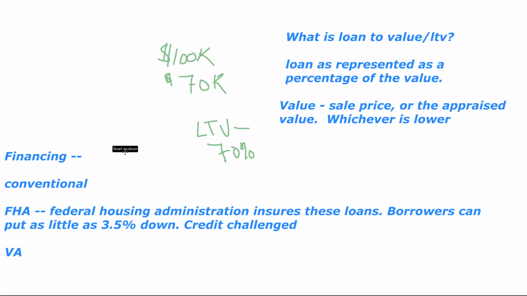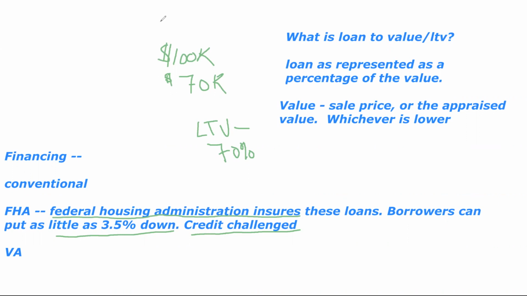Because they insure the lender, here's what you have to understand: the lenders are basically taking a risk when they make a loan for as little as 3.5% down, and they also take on these credit challenged individuals. That's a risk, and the only reason they're taking that risk is because the Federal Housing Administration insures the loans. So that's the answer there.